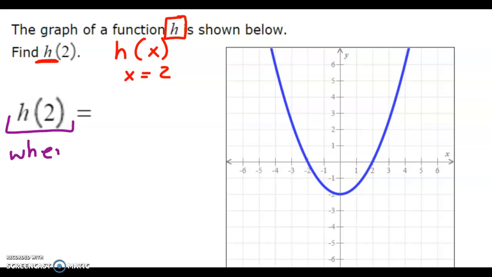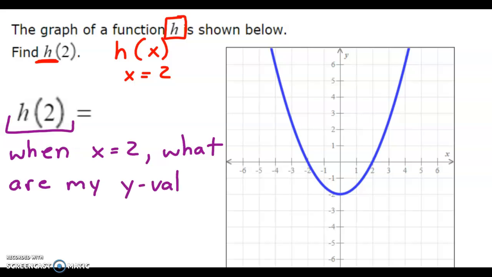when x equals 2, what are my y values? That's kind of the question this is asking. So when x equals 2, what are my y values?